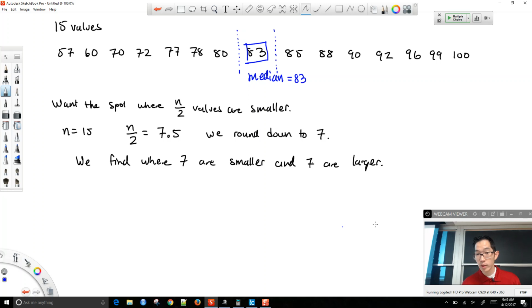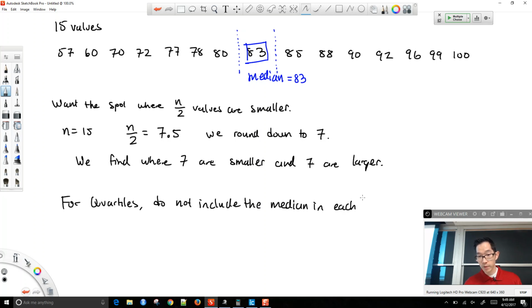Okay. Once you have your median, then for the next part, to get the quartiles, do not include the median in each half. Okay? And so now I've got 7 values that are smaller, and we want to find, quote, the median of these 7.